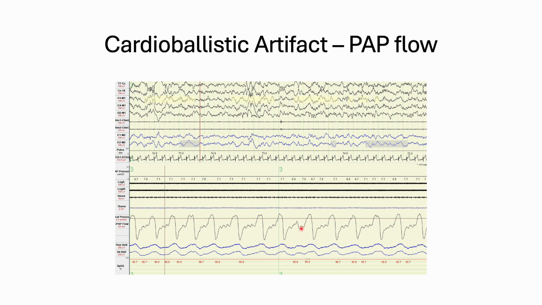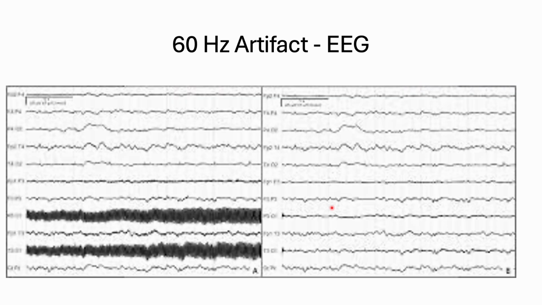But that could also be cardioballistic artifact. That's when the heartbeat is showing up physically. They can probably feel it like a band-aid. That looks about it on that slide.